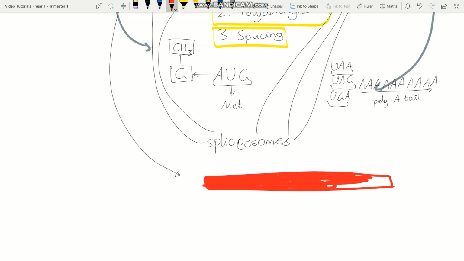So now is what we call the formation of a mature mRNA molecule. This mature mRNA molecule is what will eventually code for the protein.